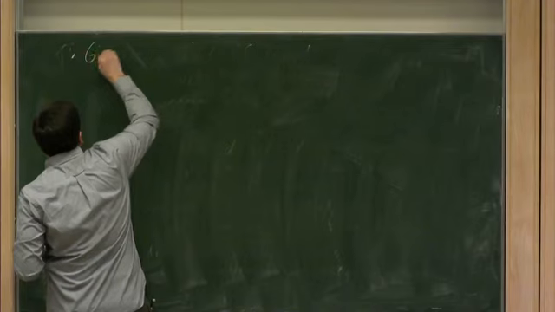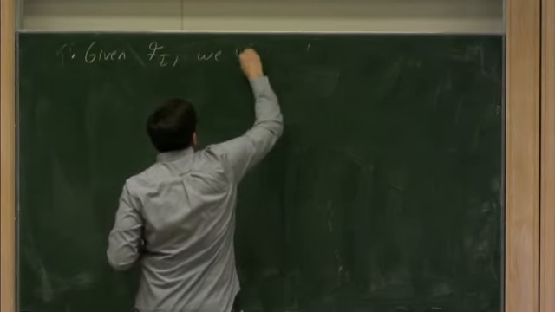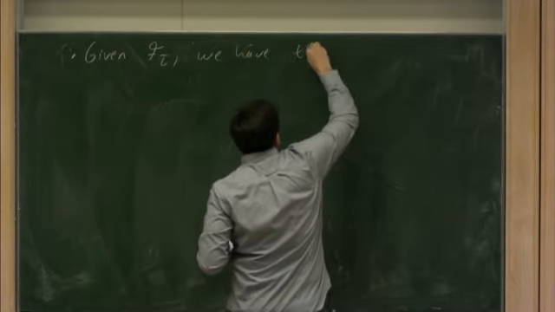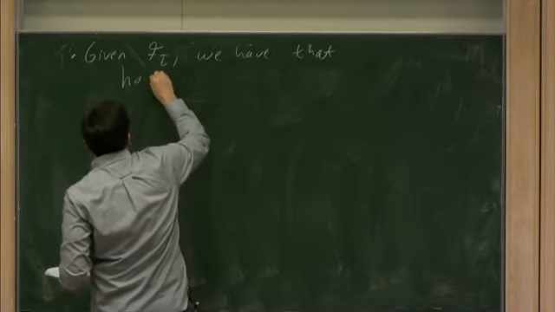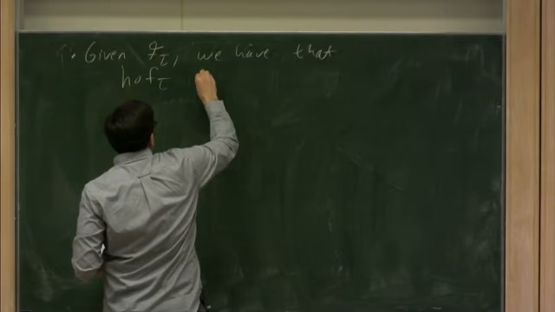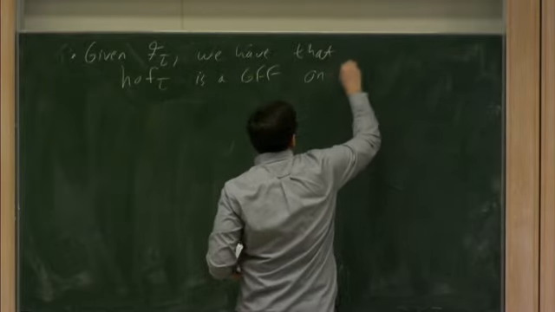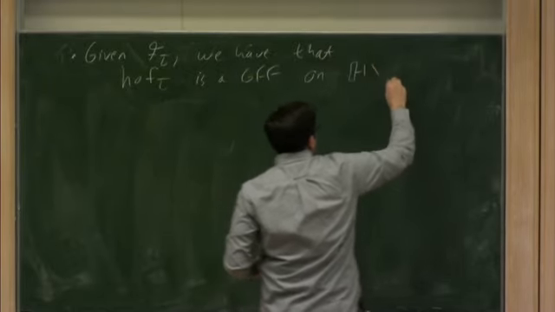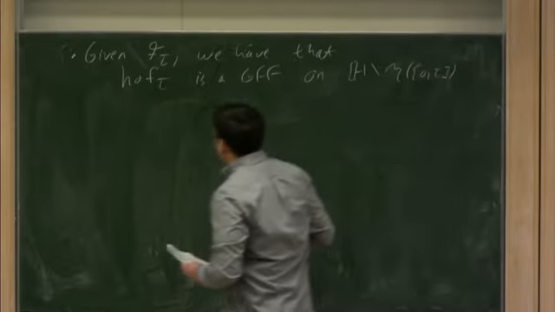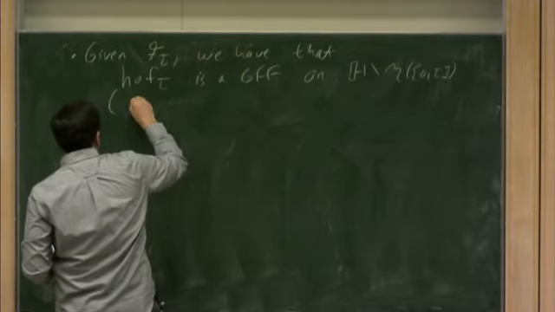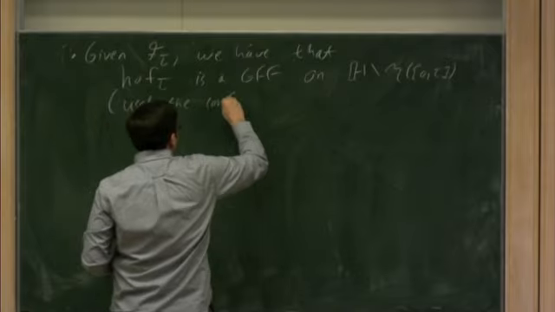So in particular, given f sub tau, we have that the Gaussian free field H composed with f sub tau is a Gaussian free field on the upper half plane minus the curve up to time tau. Here we also used the conformal invariance of the Gaussian free field.